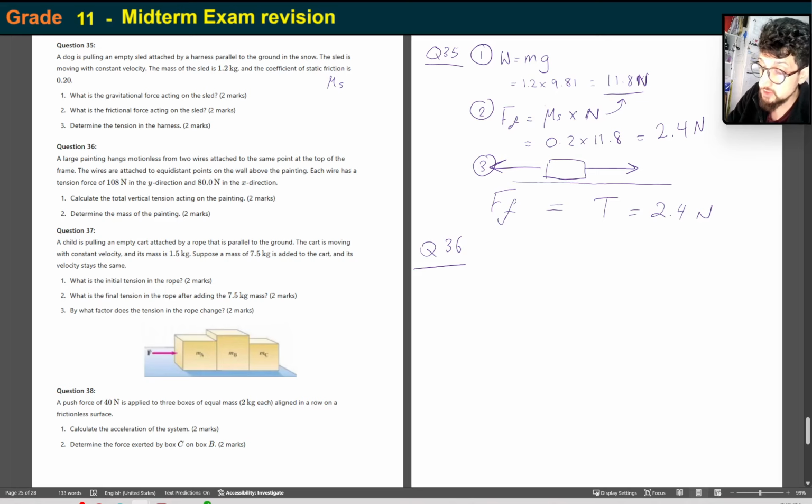Okay, let me just draw what that looks like. I'm going to draw it kind of in 3D, which just helps visualize it better. Here is the frame of the photograph, and here is the inside.